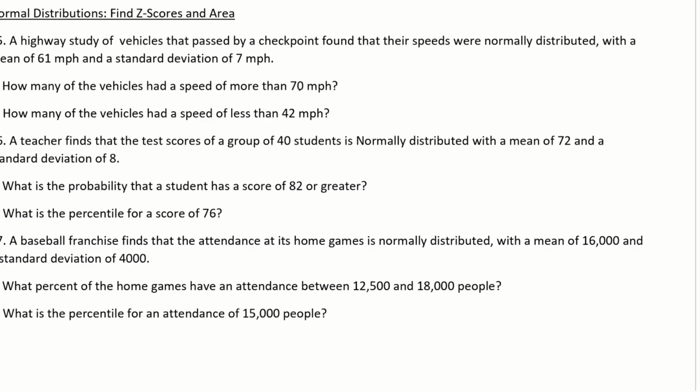So we're going to convert this to a z-score. Remember, z-score is value minus mean divided by standard deviation. So value minus mean over standard deviation, which is 9/7, which is 1.29, approximately.